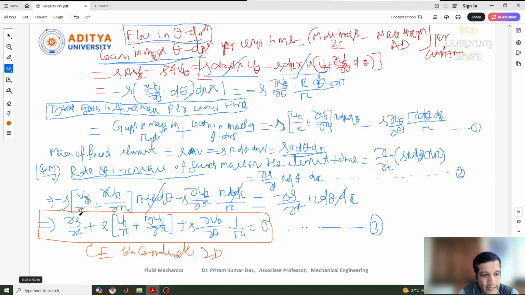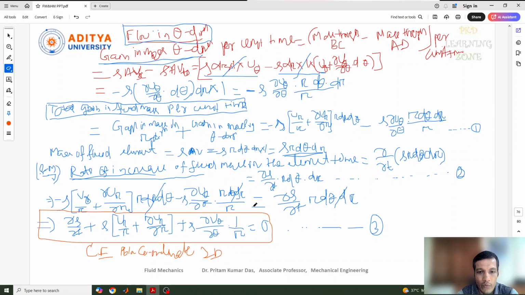Del rho by del t is density with respect to time, and this is rho into ur by r plus del ur by del r. This is the radial direction, plus this is the tangential direction, rho into del u theta by del theta into 1 by r, which is equal to 0. This is the general form of the continuity equation for the polar coordinate system, for two-dimensional flow.